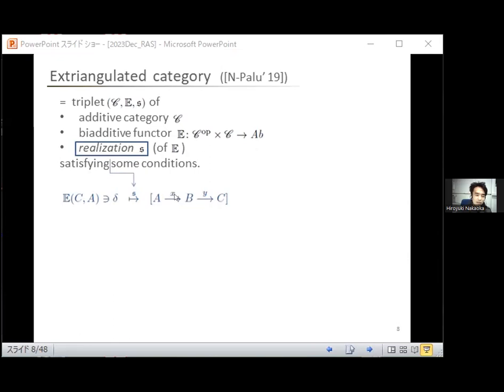some sequence. We call such an element delta an extension. So this realization S sends delta to some sequence.